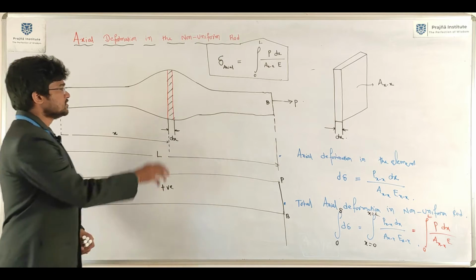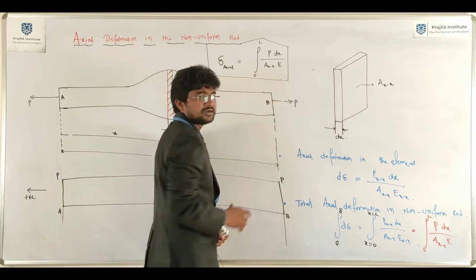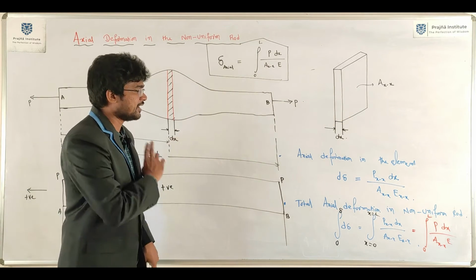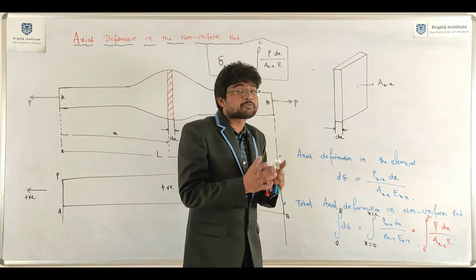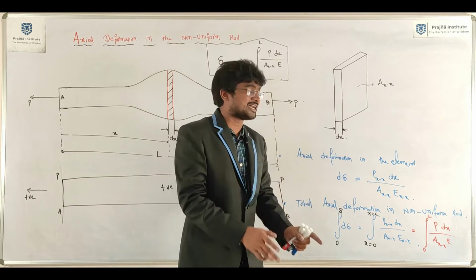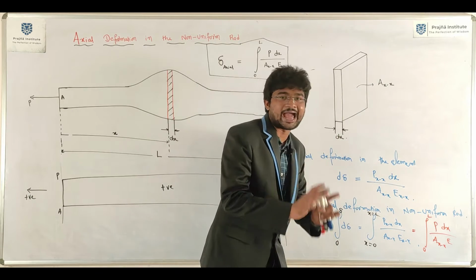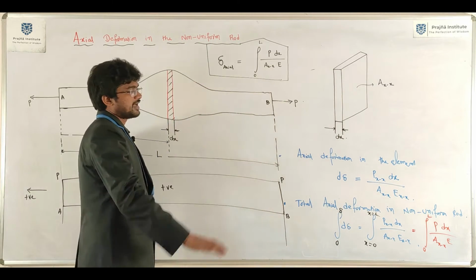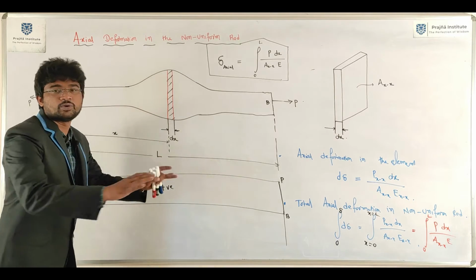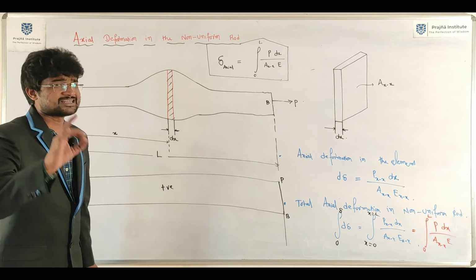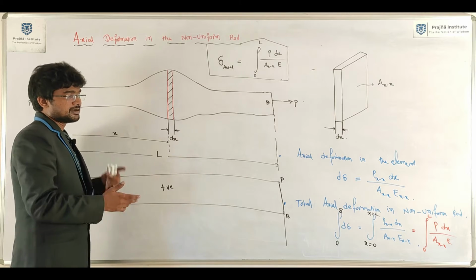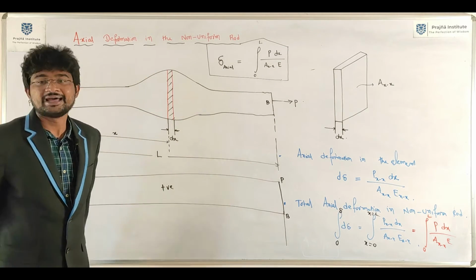First step, you need to take an element and then write down the expression for axial deformation in the element, then apply integration from 0 to L. You can happily determine axial deformation in all the cases. We need to follow the same procedure in all the cases.